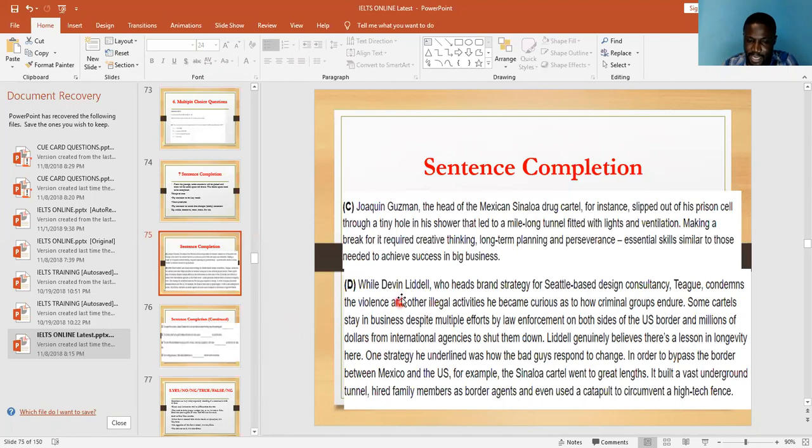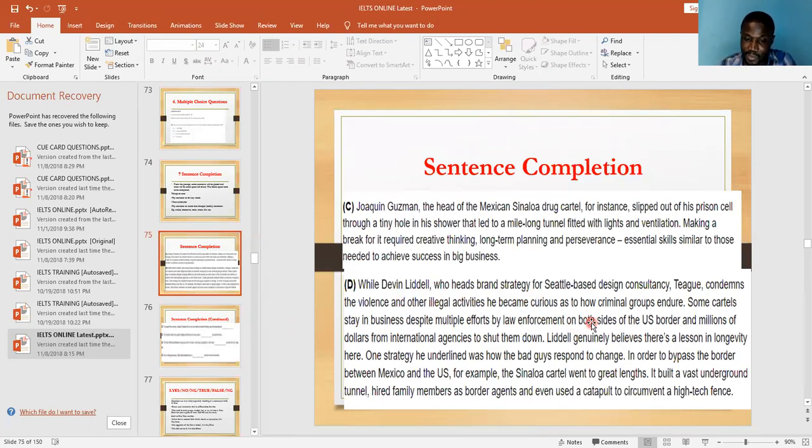When Devin Lindell, who heads brand strategy for Seattle-based design consultancy TEG, condemns the violence and other illegal activities, he became curious as to how criminal groups endure. So from the opening statement, somebody is interested in how criminal groups endure.